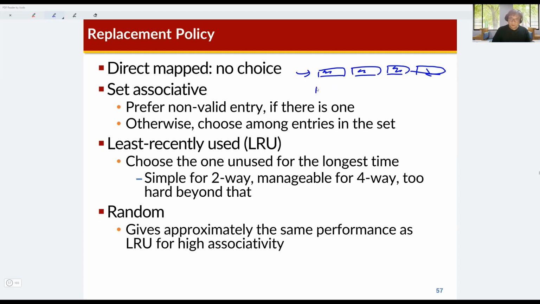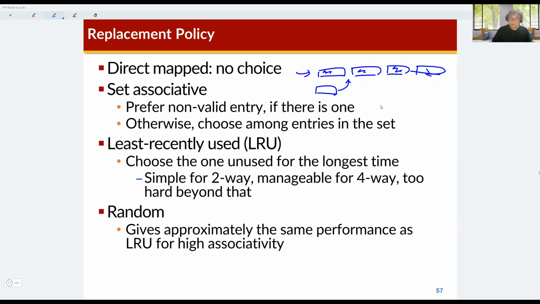That means a new block should be assigned to this target set, which means one of the blocks in this target set should be evicted. So which block will be evicted? This is called the replacement policy of the cache. The replacement policy determines which block should be evicted in a target set.